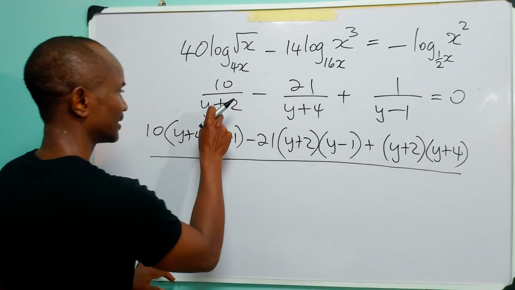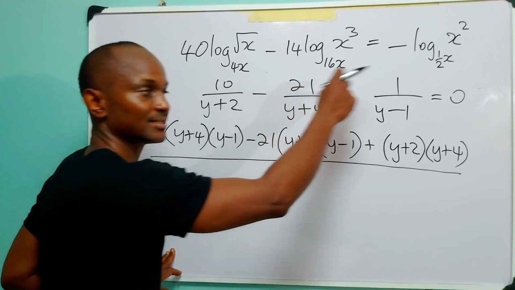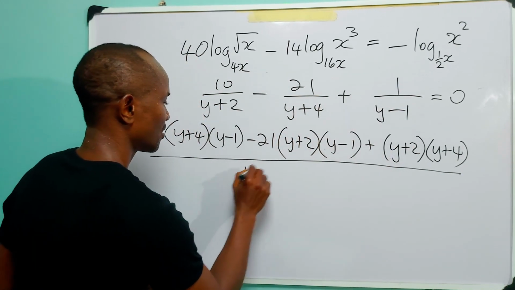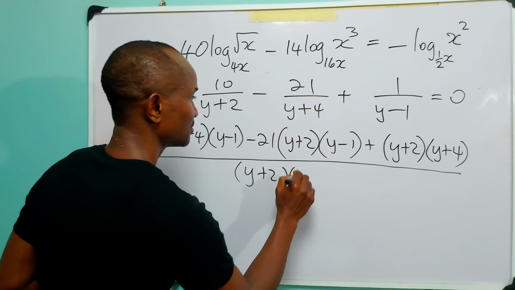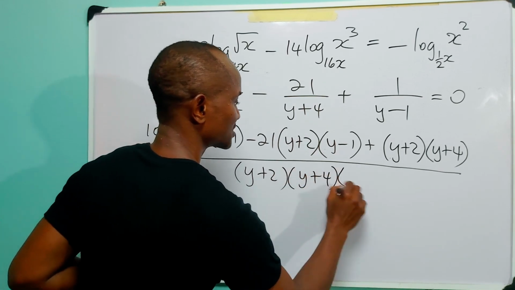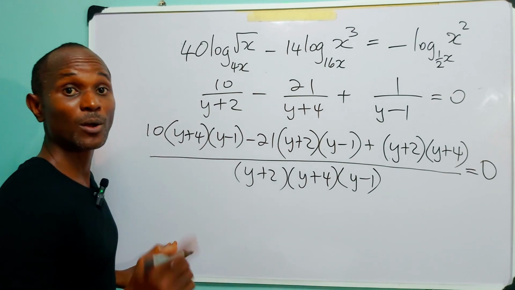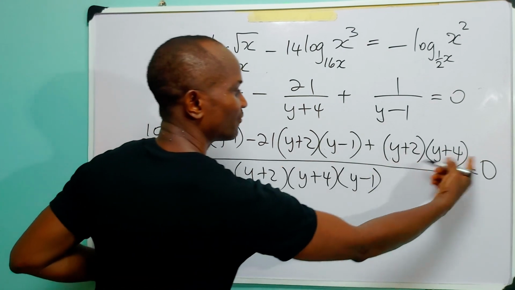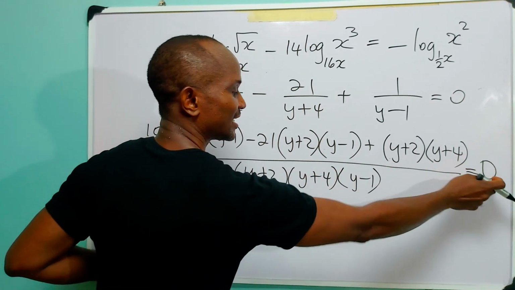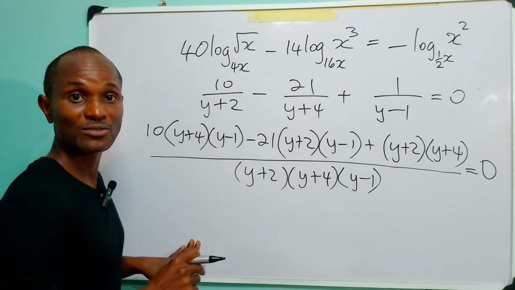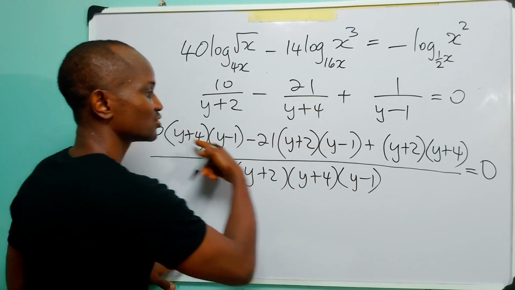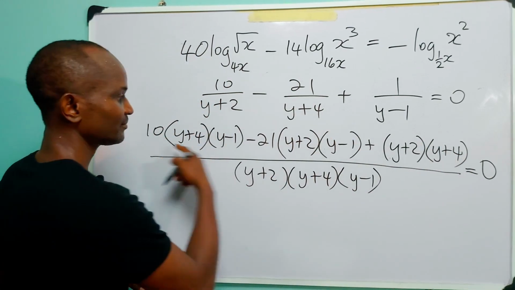Everything divided by the product of these, which is y plus 2, y plus 4, and y minus 1. Of course, everything is equal to 0. Now, to solve this equation and find the values for which this is equal to 0, what we have to do is to solve the numerator.